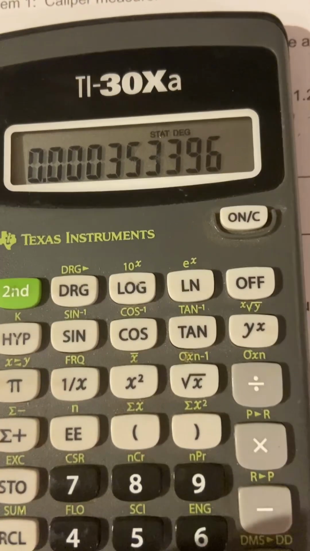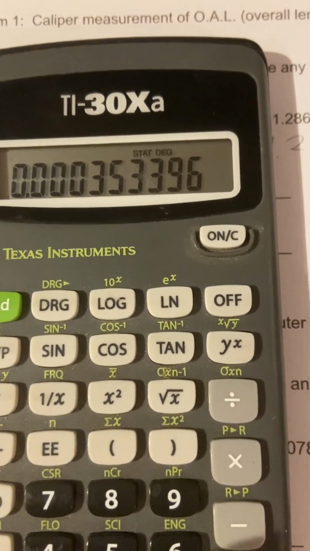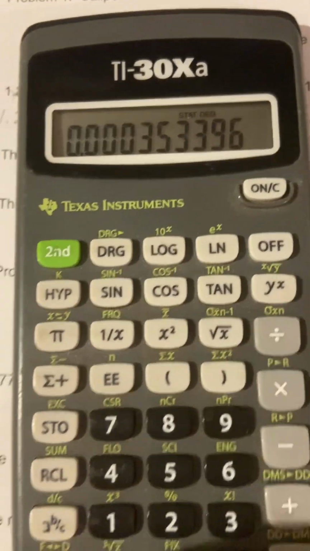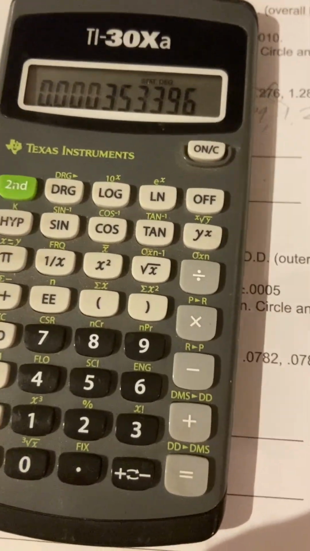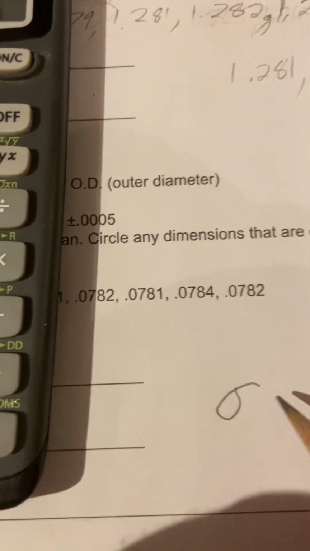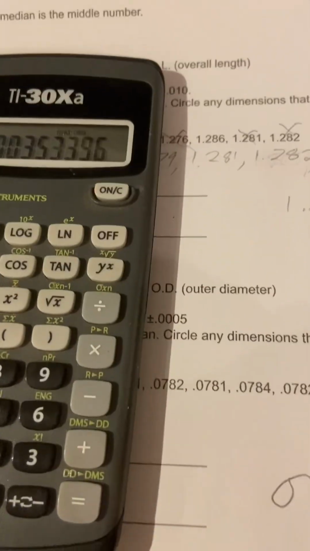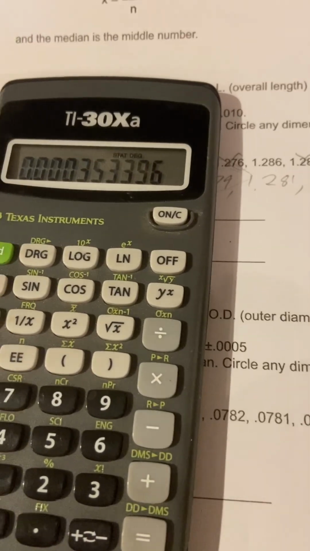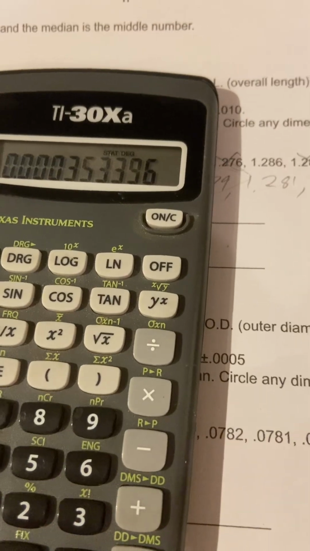And our standard deviation is 3.5 tenths. So let's go ahead and write that down as well. Remember, the standard deviation symbol is the lowercase Greek letter sigma, and that's going to equal 0.00035.